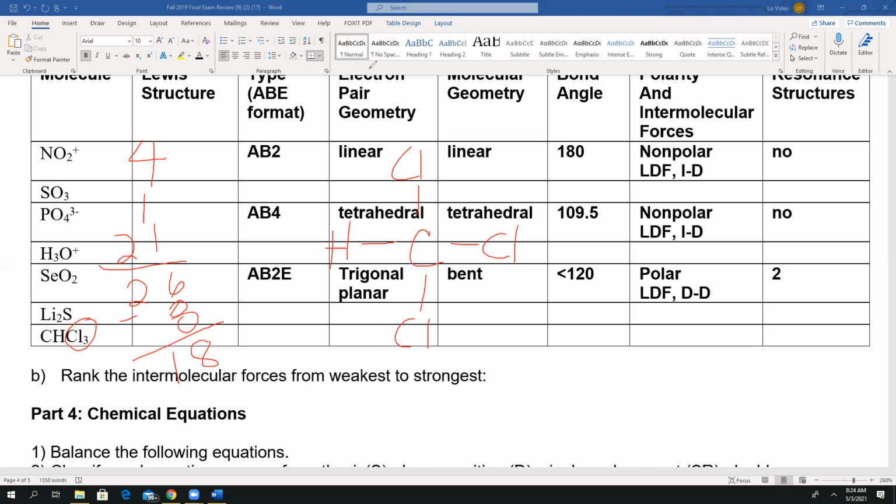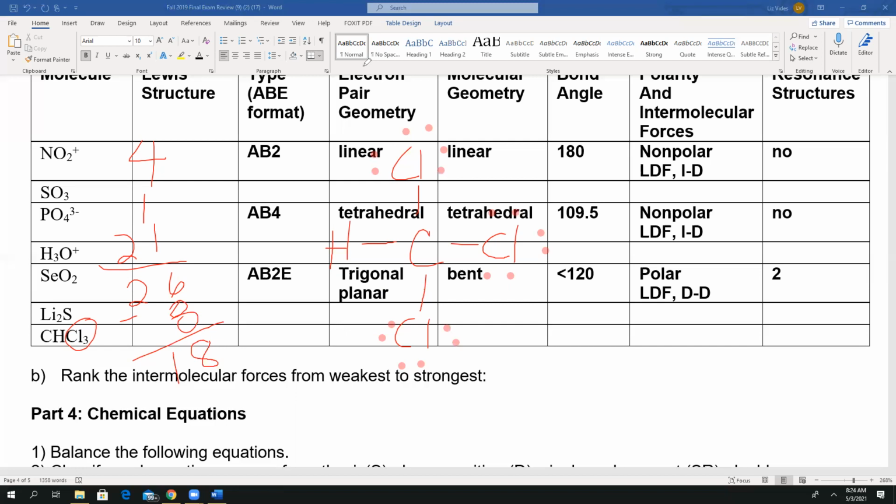Okay. So now hydrogen doesn't need more than 2, remember? So all of the dots are around chlorine. Okay. And there's your Lewis structure. And that's exactly 18 dots. So let's look at it.